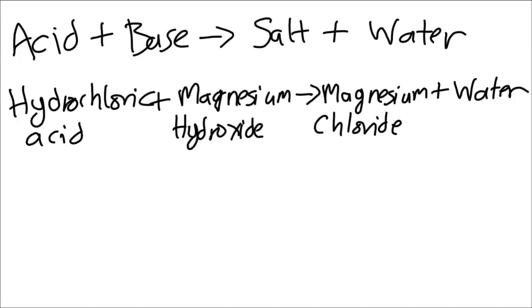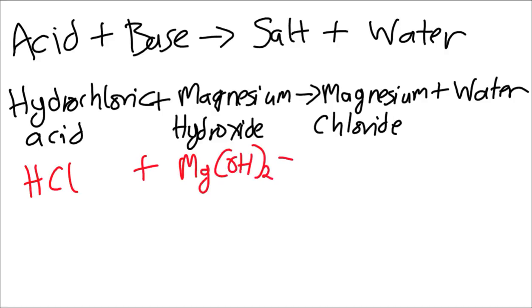Now if you are doing higher level science, you need to know the equation for this. The formula for hydrochloric acid is HCl. We join this with our magnesium hydroxide, Mg(OH)2, and that produces our magnesium chloride, MgCl2, and our water, which is H2O.